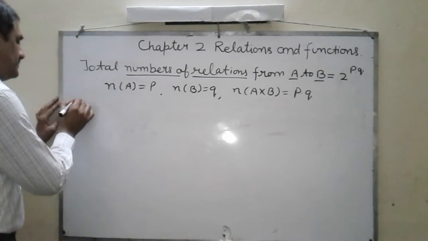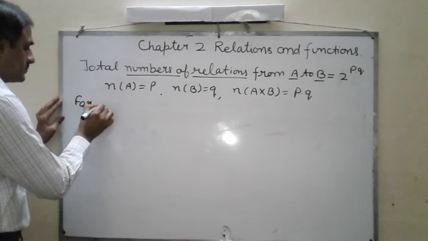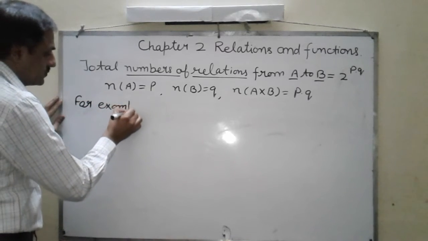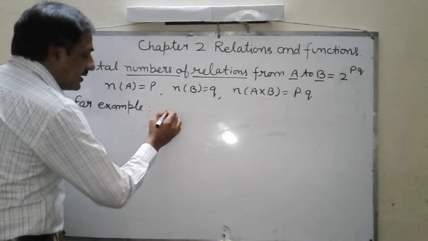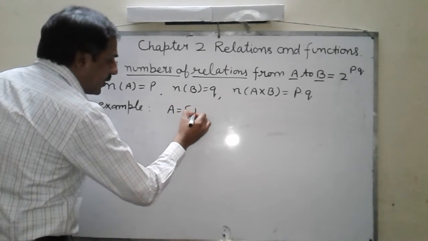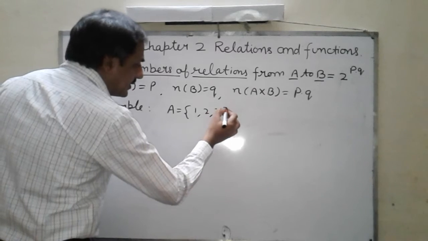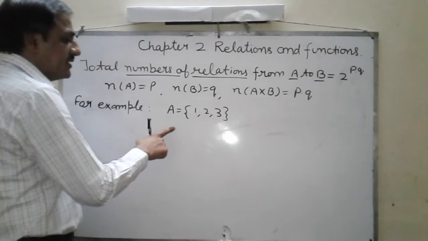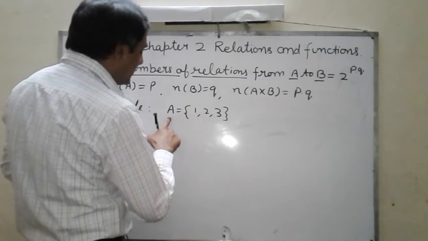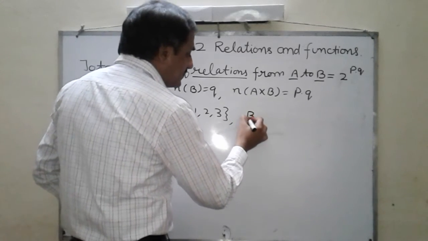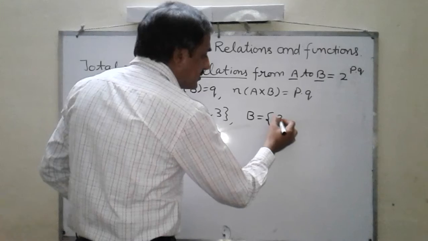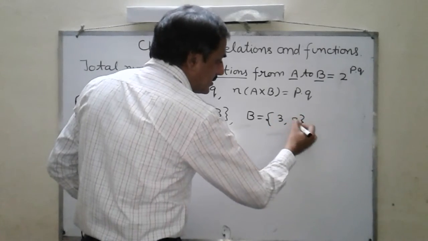For example, if A is equal to 1, 2, 3, here A is a set and the elements of set A are 1, 2 and 3, and set B is equal to 3, 8.